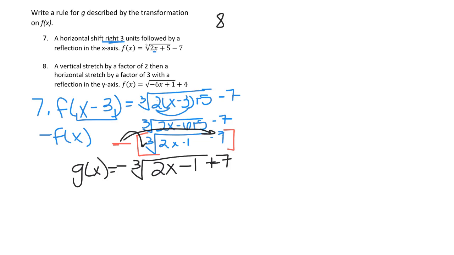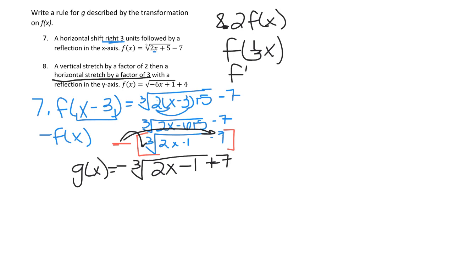And number 8, a vertical stretch by a factor of 2, so that's 2 times f of x, followed by a horizontal stretch by a factor of 3, that's f of 1/3 x, and then a reflection in the y-axis, which is f of negative x. So we're going to do those in that order.